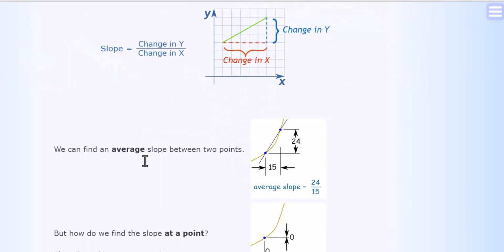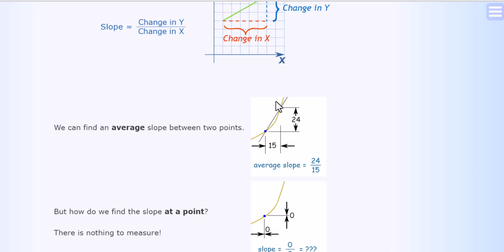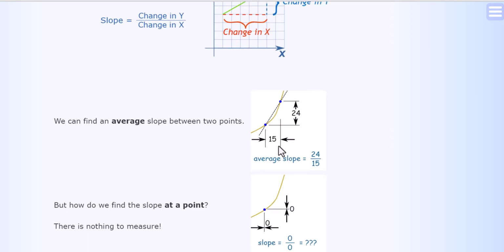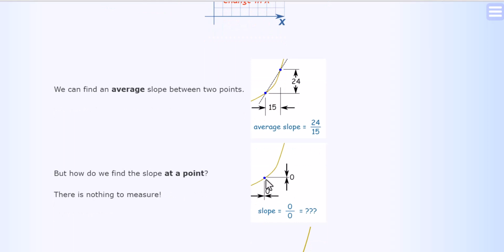With a relationship between y and x, we can find the average slope between 2 points simply by delta y upon delta x. But if we have to find the slope at a particular point, like in the relationship between w and J, how do we do that?